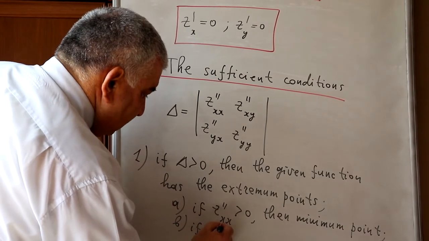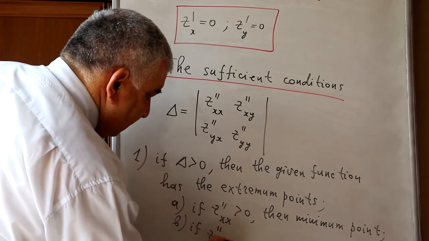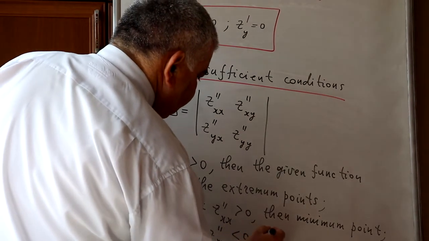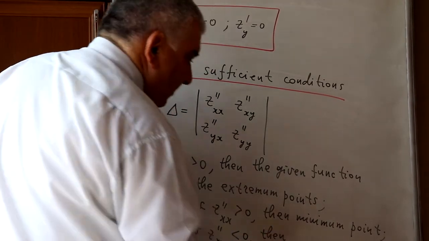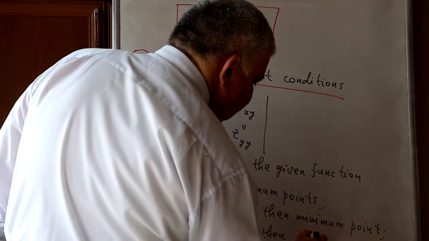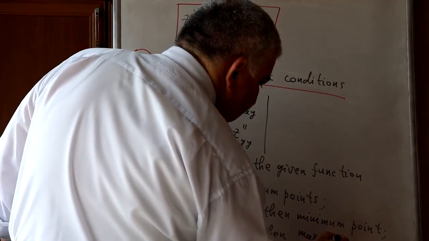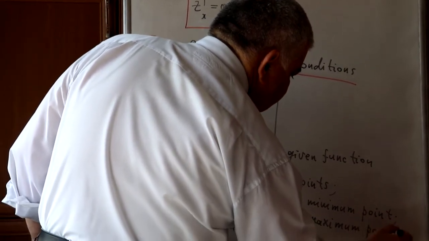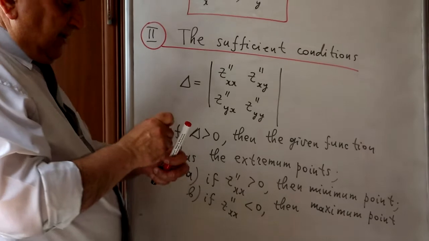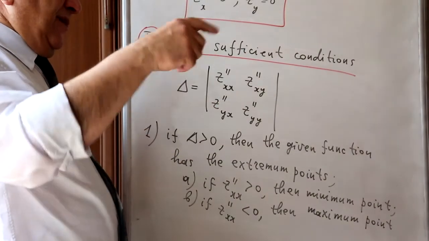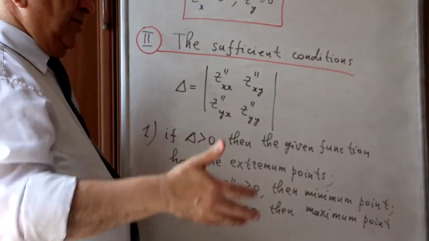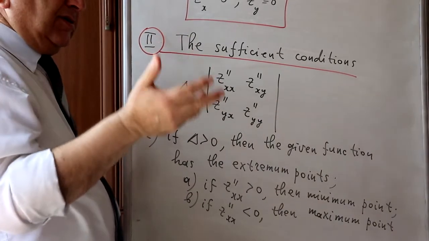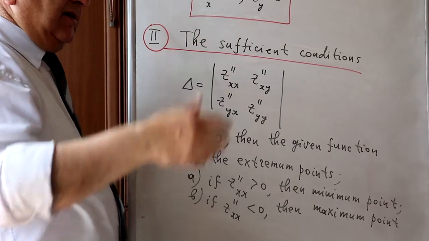If z2 prime with respect to x is negative, then maximum point. Also, you know that the maximum of function is the value of function at maximum point, and minimum value of function is the value of function at the minimum point.